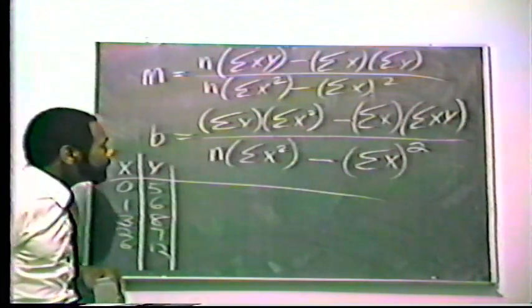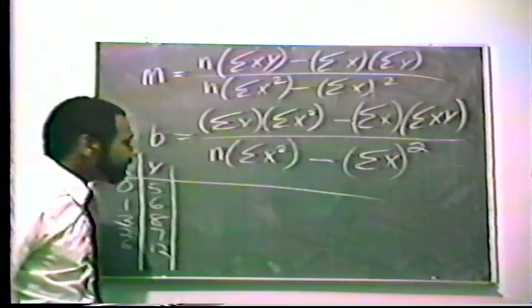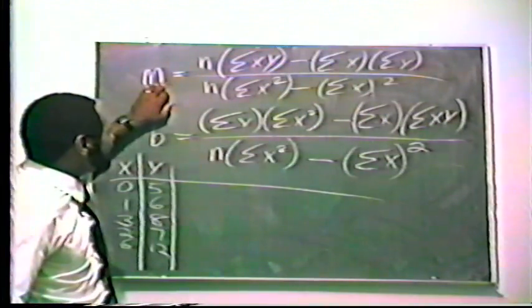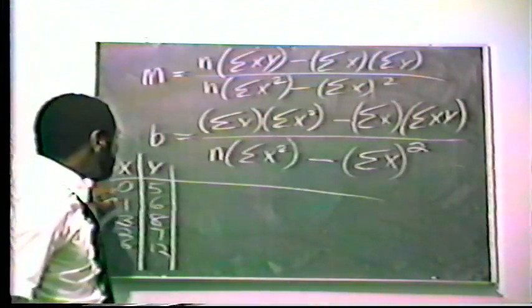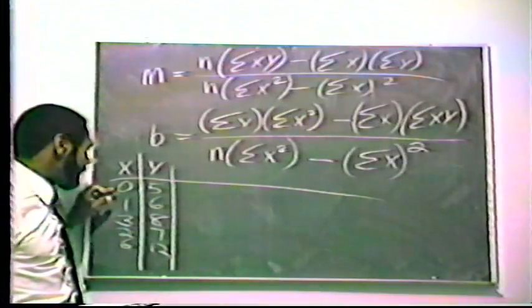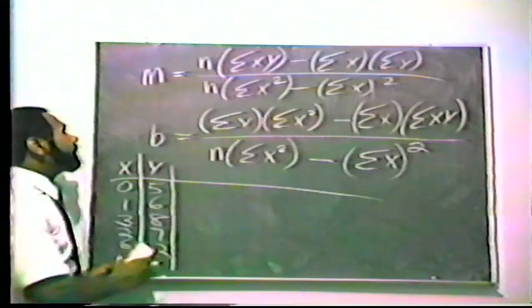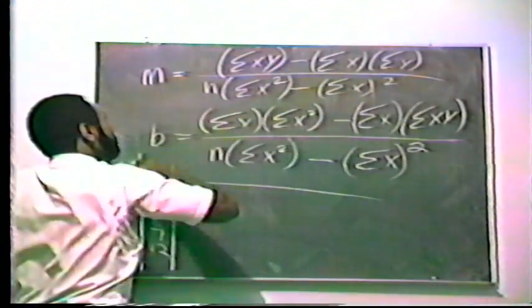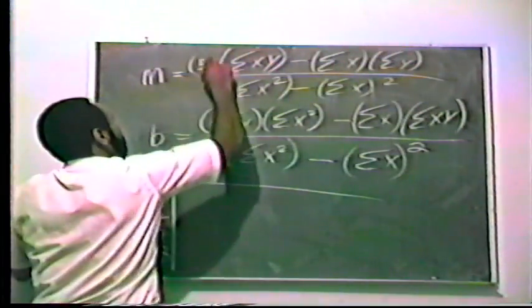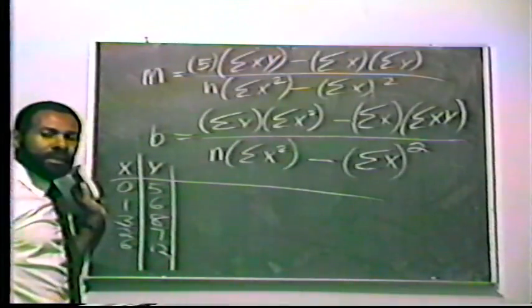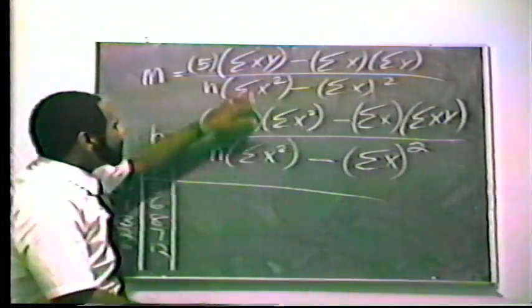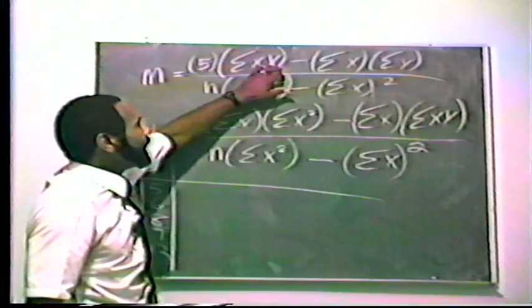Now, we look at what we need in the formula for the slope. The slope equals n. We know what n is, the number of pairs. We have 5 pairs, so we can erase the n in the formula and put a 5 there. Next, we have the summation of x times y.